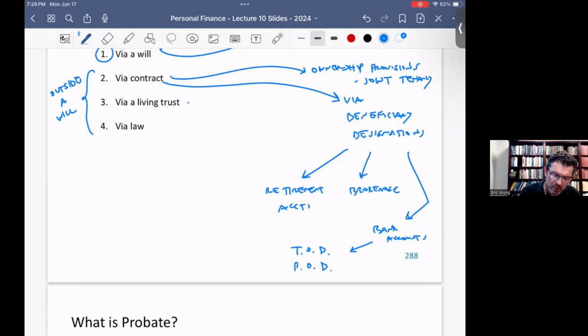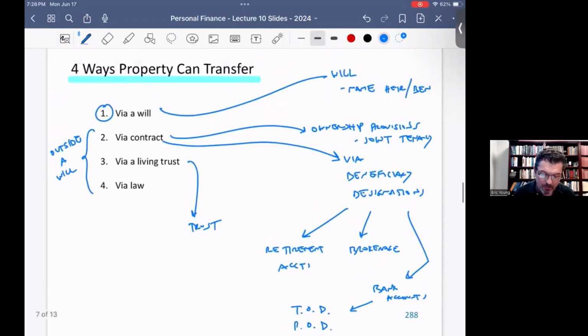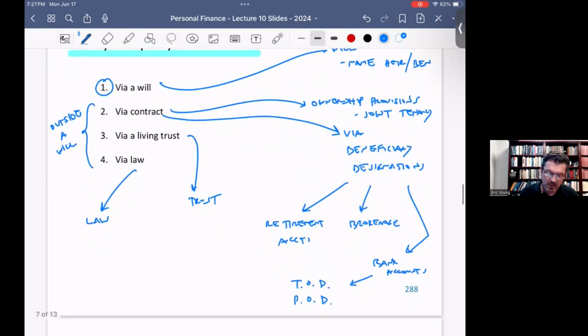So the third way you can transfer property is via a trust, which we'll talk about in another slide. And then the fourth way that property can transfer is via law. I had said in an earlier slide that property will always transfer. It just might not transfer according to your wishes. That's what this one means.